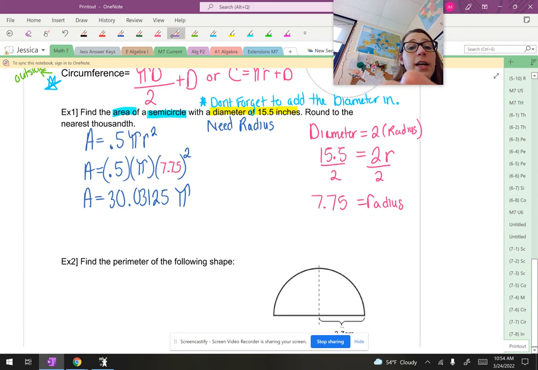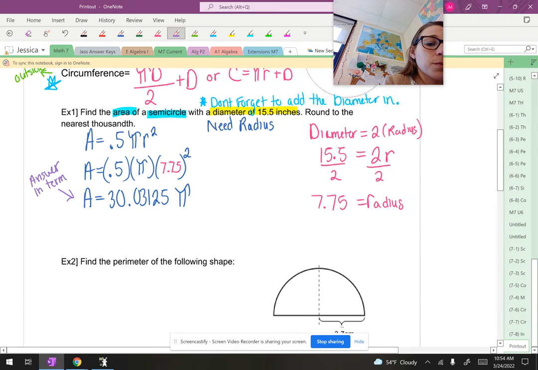So that right there would be my area in terms of pi.